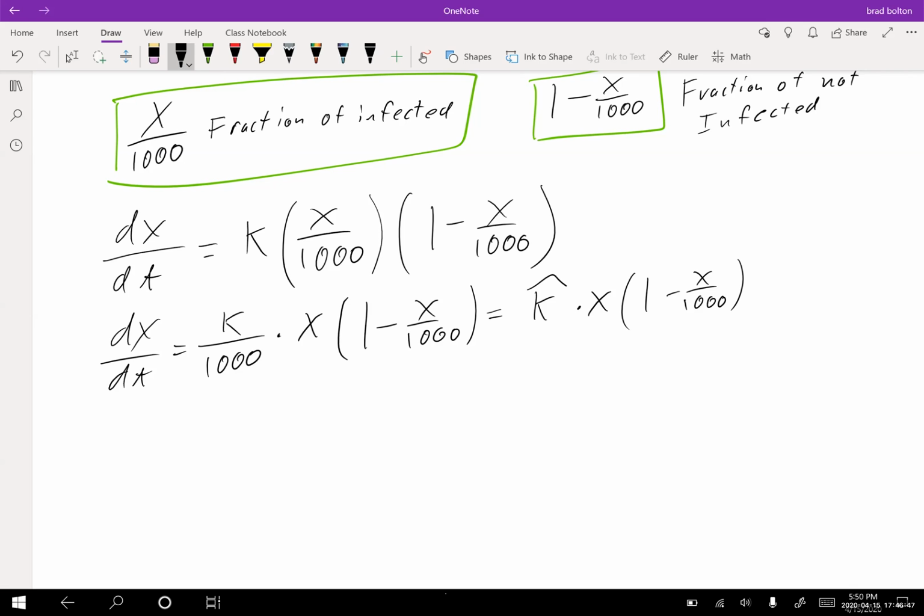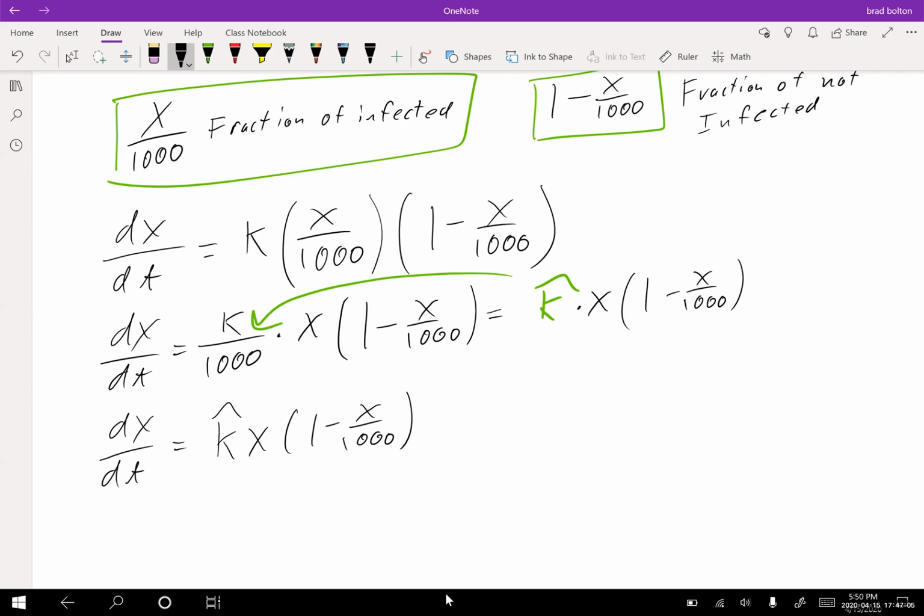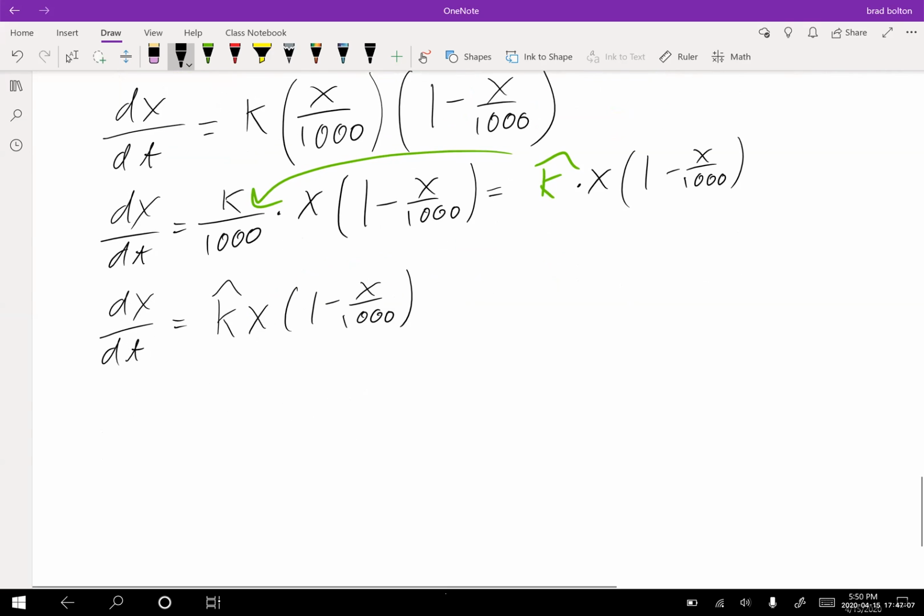I'll write it in green so that you notice that we fixed it. It actually came from this. Okay, so now we have our new equation, dx dt equals K hat X 1 minus X over 1,000. Okay, now technically, we now know that the carrying capacity is 1,000.